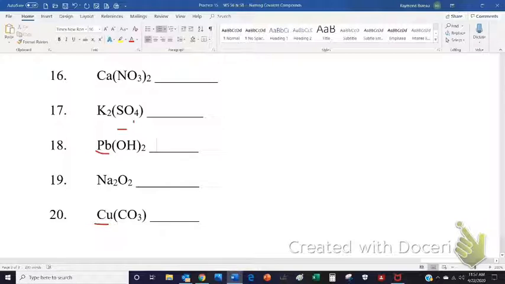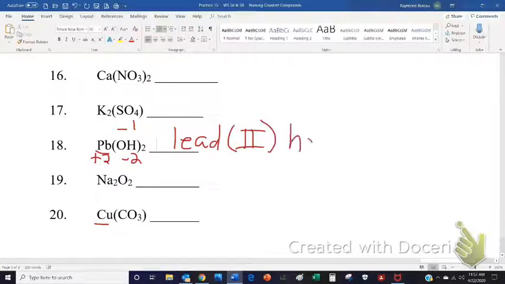Hydroxide, look, and you'll see it's -1, but it's -1 twice, so that's -2. That means lead has to be +2. That means to answer this, I'll go ahead and write this one: lead. The oxidation we're using is +2, so that is lead 2 hydroxide.